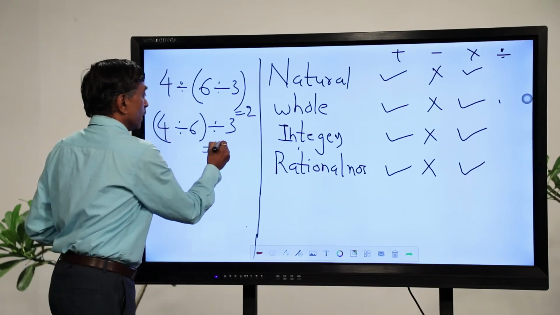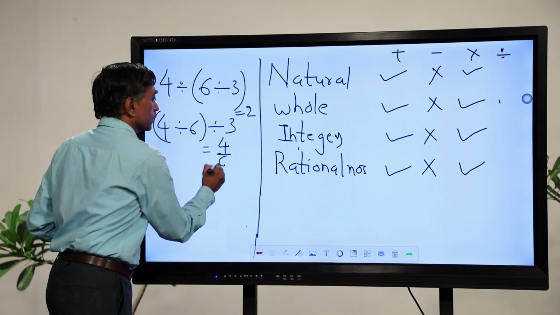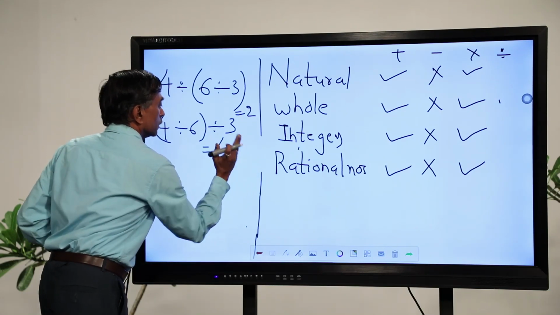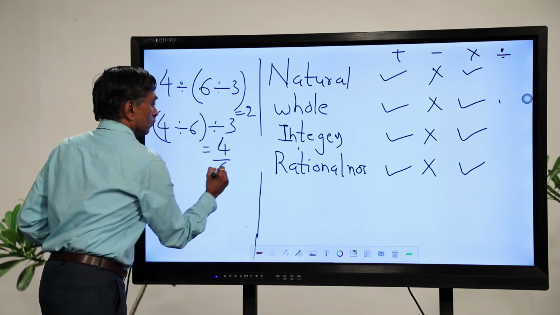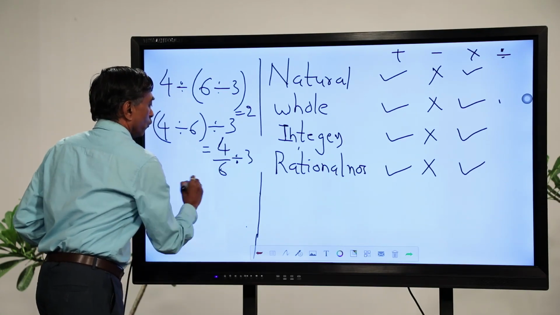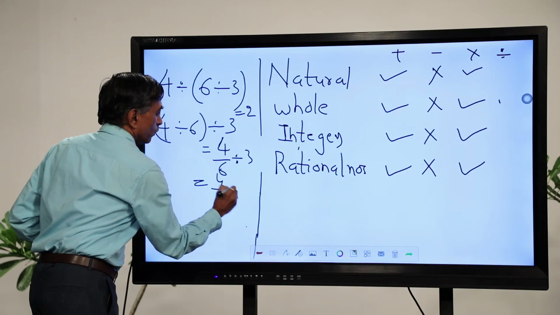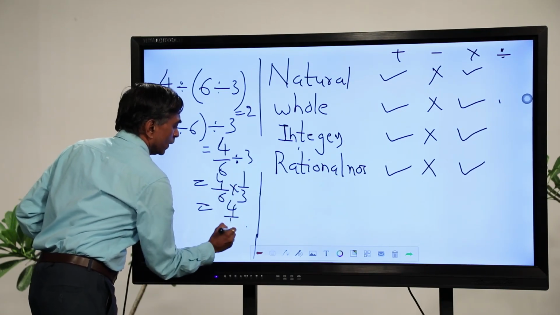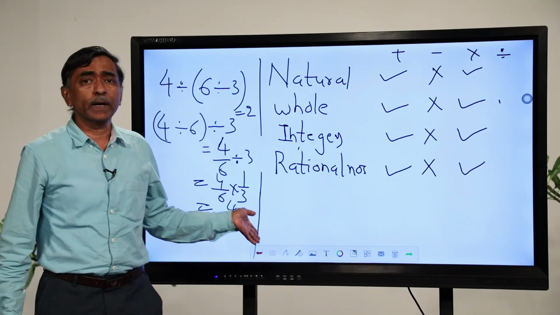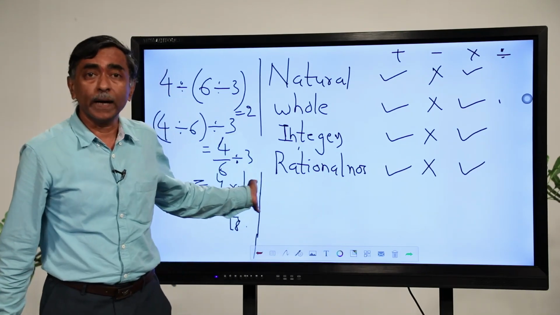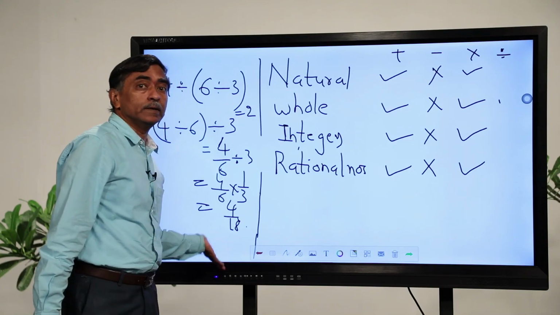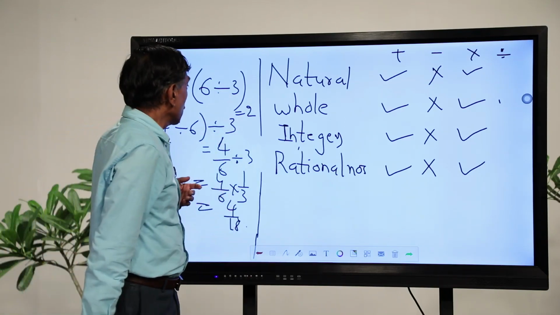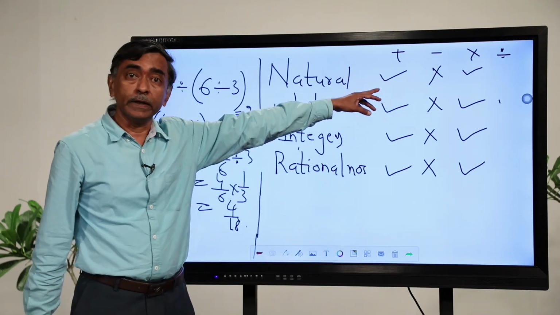This is 4 divided by 6, I will write as 4 by 6, again divided by 3, which is nothing but 4 by 6 into 1 by 3, and so I get here 4 by 18, or you can reduce it to the simplest form as 2 by 9. Are these two numbers same? These two numbers are not same. So, we can say that it is not associative under the operation of division.